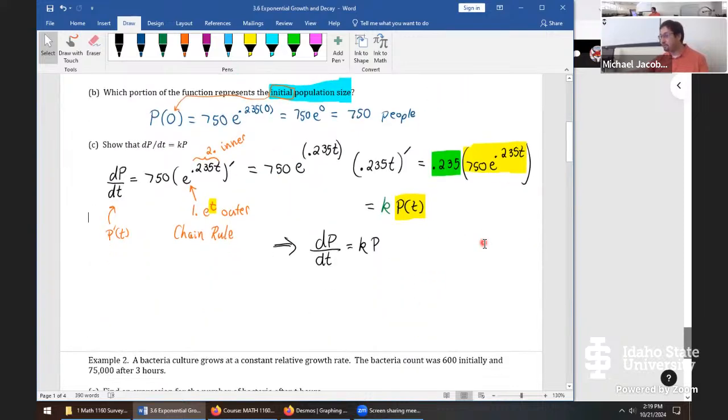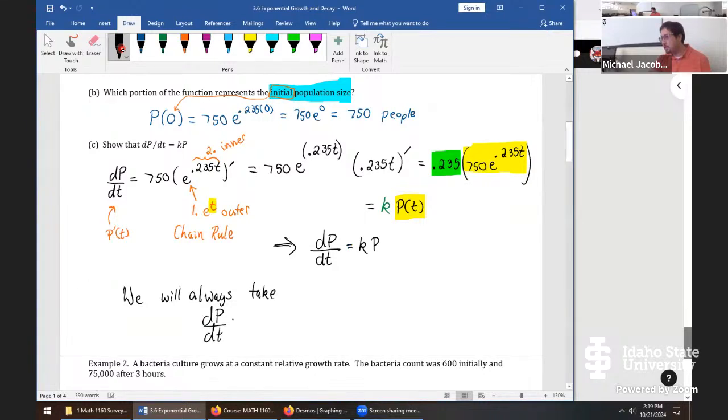That means for the notes going forward, we will always take dp/dt equals kp for granted. What I mean by taking that for granted is that's a formula you never have to derive again.